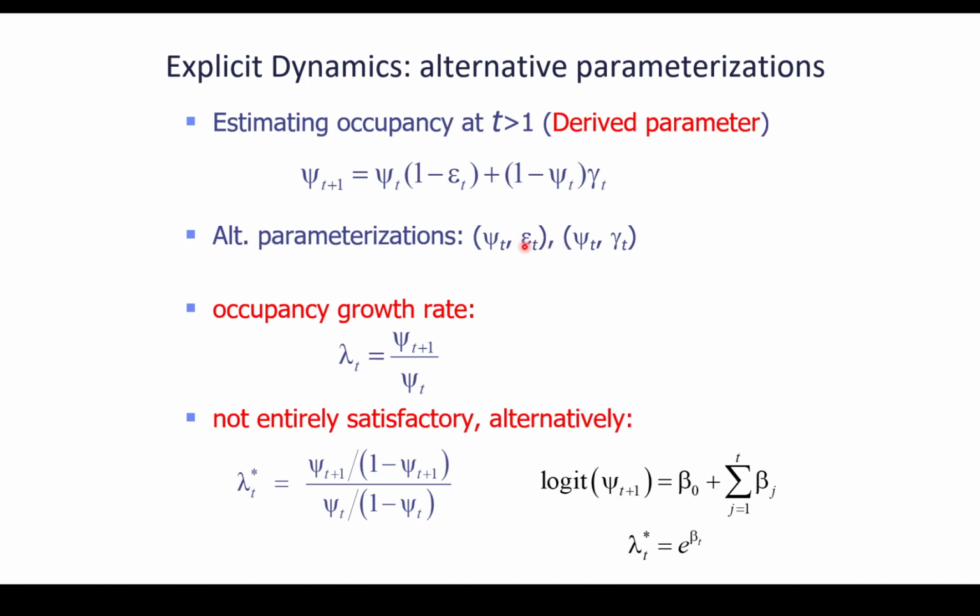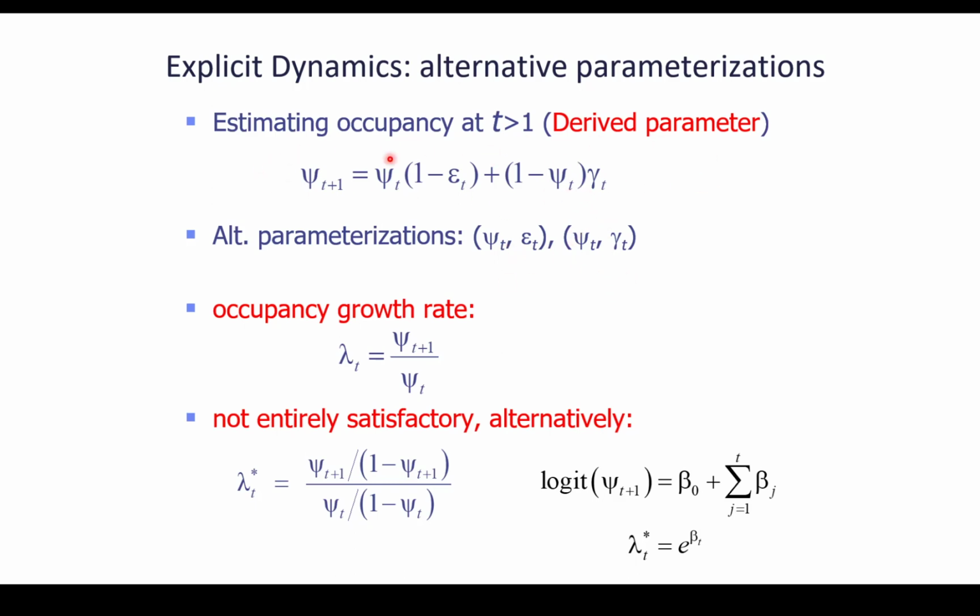That's motivated largely by this desire to think about modeling psi directly as a function of covariates. But most of the folks who work with this stuff think that's kind of silly for the same reasons that it was silly in the Pradel model, because you impose a covariance structure on things that we're not interested in.